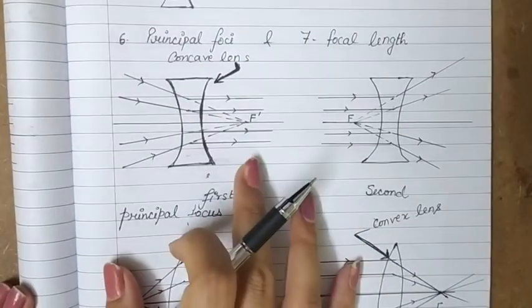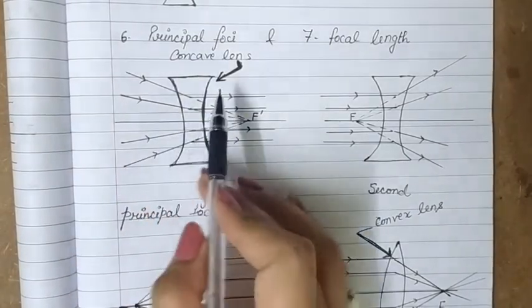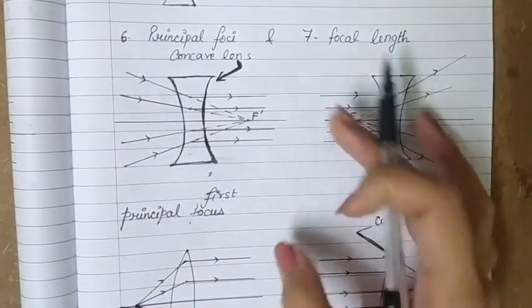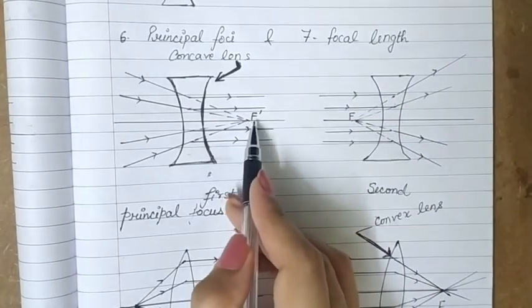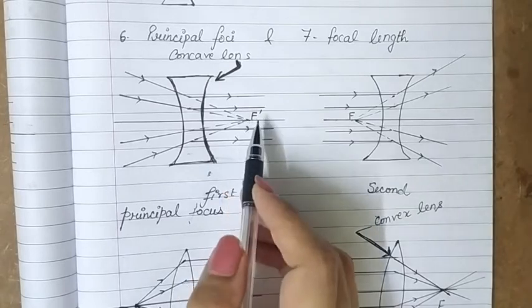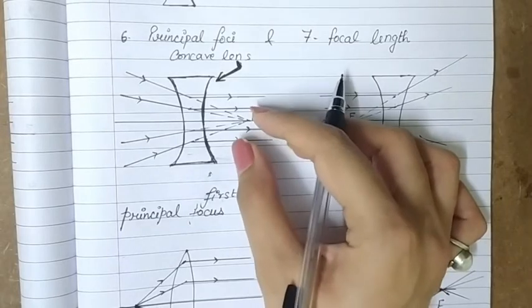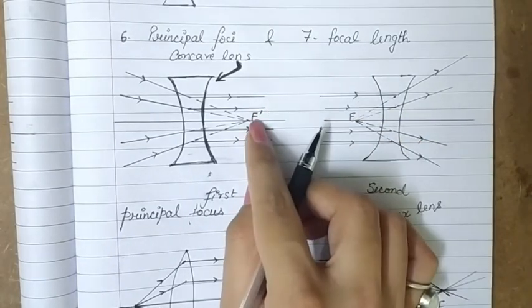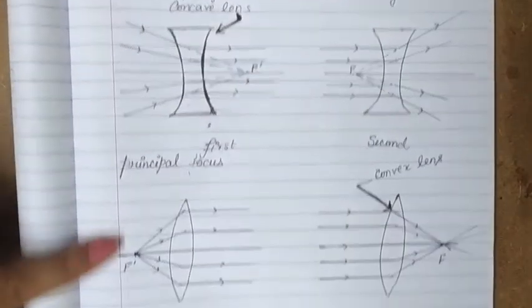In case of concave lens, these rays are coming towards that point, or appear to be coming towards that point, and become parallel to the principal axis after refraction. This is the same, that after refraction they will become parallel. So this point is called the first principal focus of the concave lens. Since this is a virtual point, the lines are not actually meeting here, they appear to meet here, that's why it is a virtual point. And a concave lens, that's why, has a virtual focus. So this is the first principal focus for concave and convex lens.